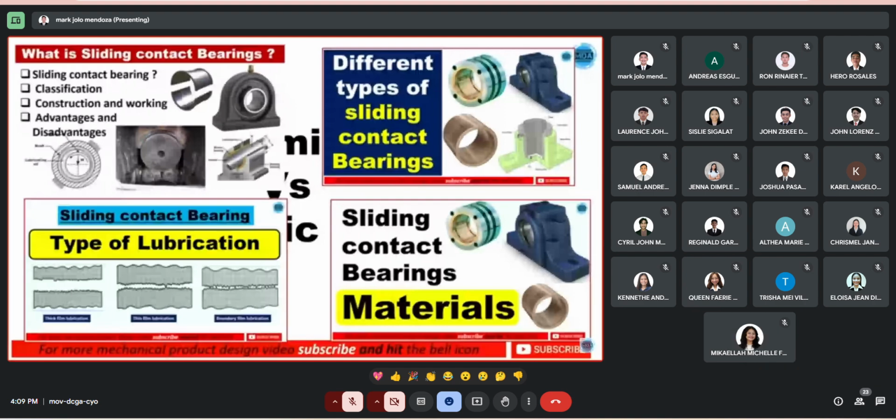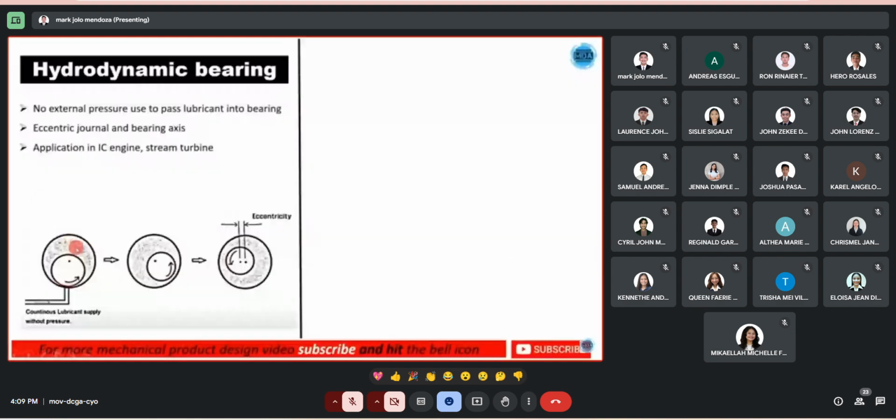Between the shaft and the bearing we have the layer of lubricant. There is a hole here, you can see the passage where we are passing the lubricant. So we are continuously providing the lubricant between the surface of the bearing and the shaft.